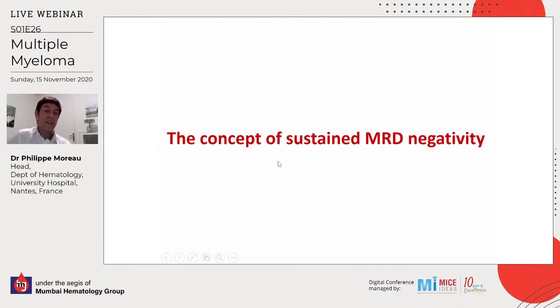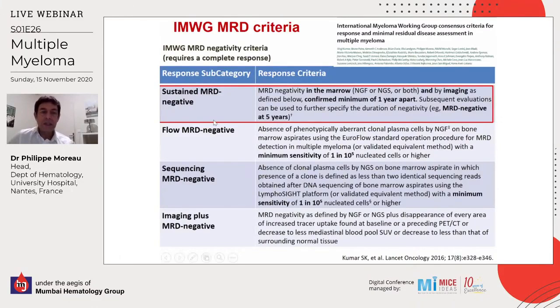Let's speak now about the concept of sustained MRD negativity. That, in my opinion, is the most important one. The concept was clearly stated in the paper from the International Myeloma Working Group. You see what was the proposal from Shaji Kumar 4 years ago. Sustained MRD negativity is defined by MRD negativity in the bone marrow with NGS or NGF, and by imaging.